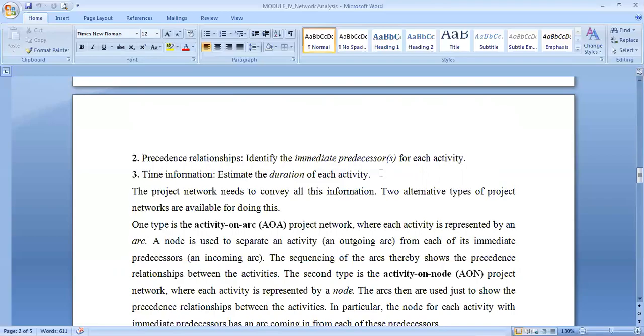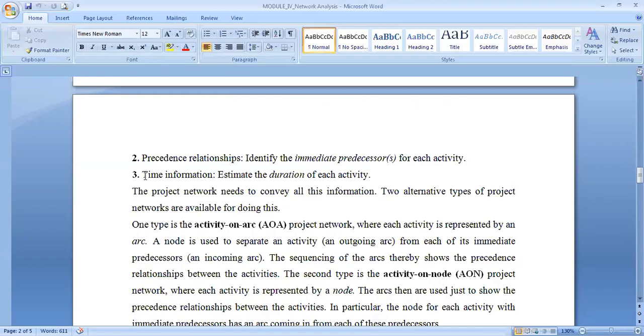The second activity has the immediate predecessor, so there is a precedence constraint for it, because the second activity can be started only when the first activity is completed. Like that, the third activity also has a precedence relationship with the second activity. So this precedence relationship is identified in the network diagram.